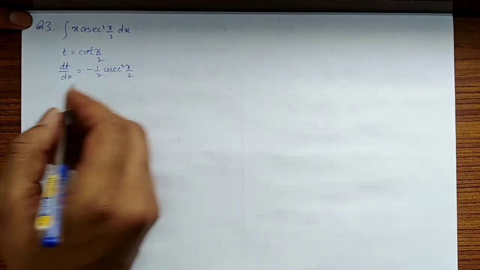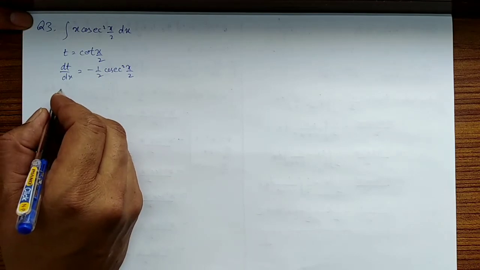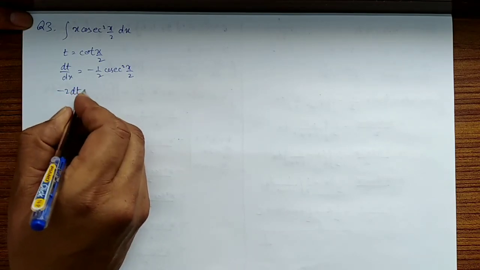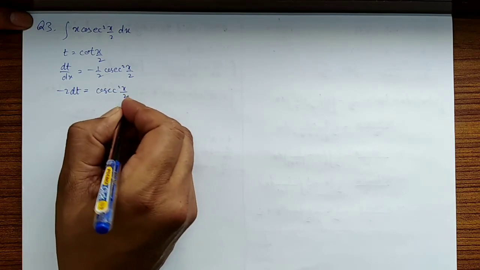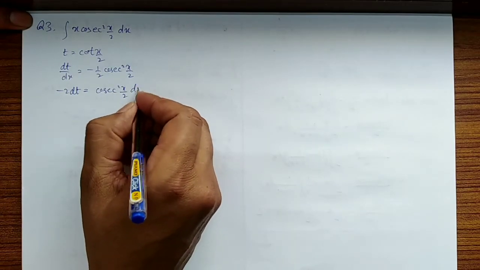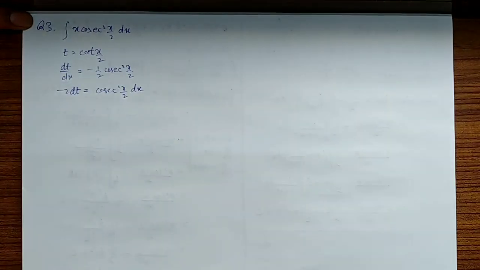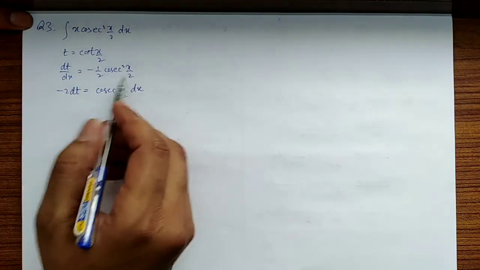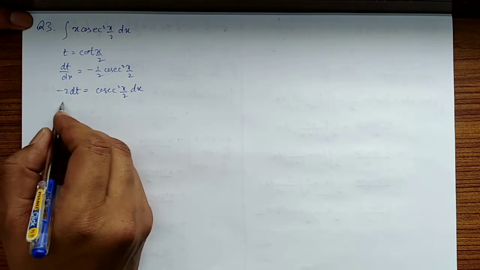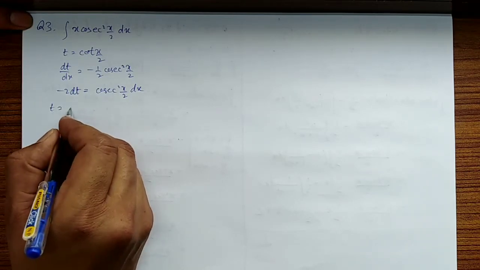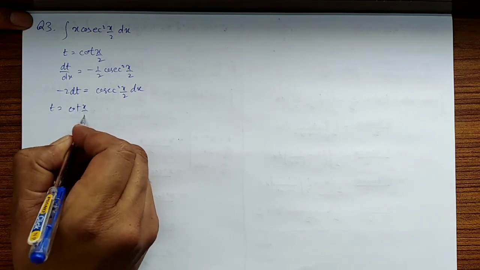So by rearranging we have minus 2 dt equals cosec square x upon 2 dx. So we have interchanged the values, shifted the dx here and 2 here, minus 2. So we have supposed that t equals cot x upon 2.